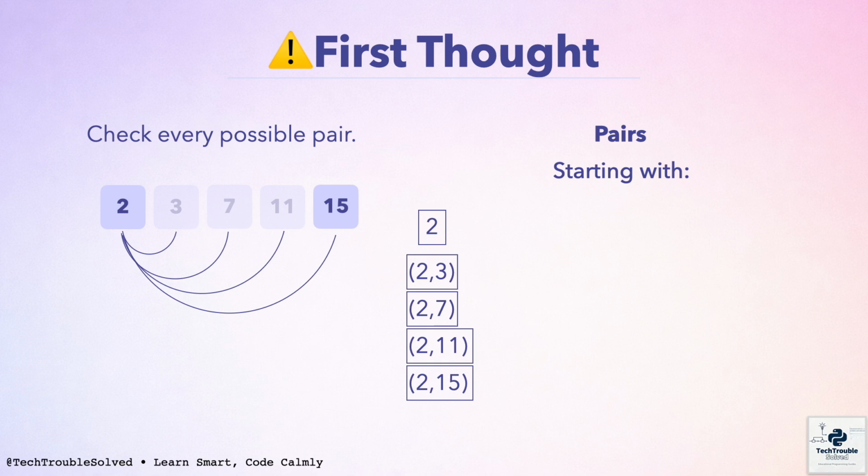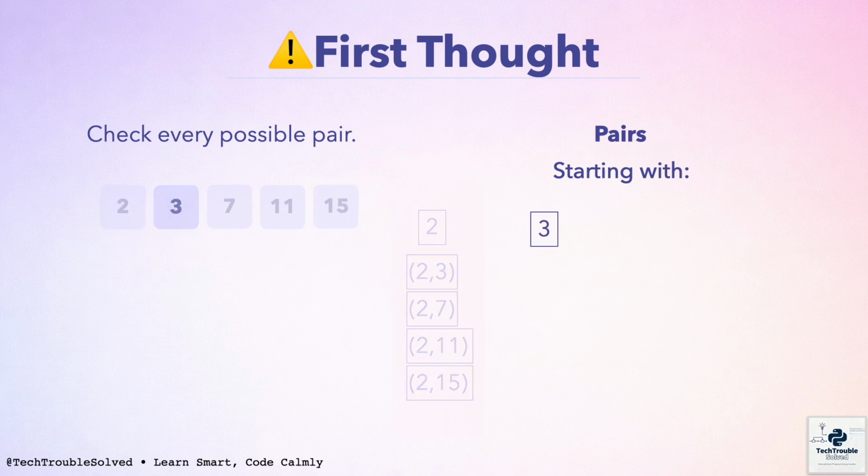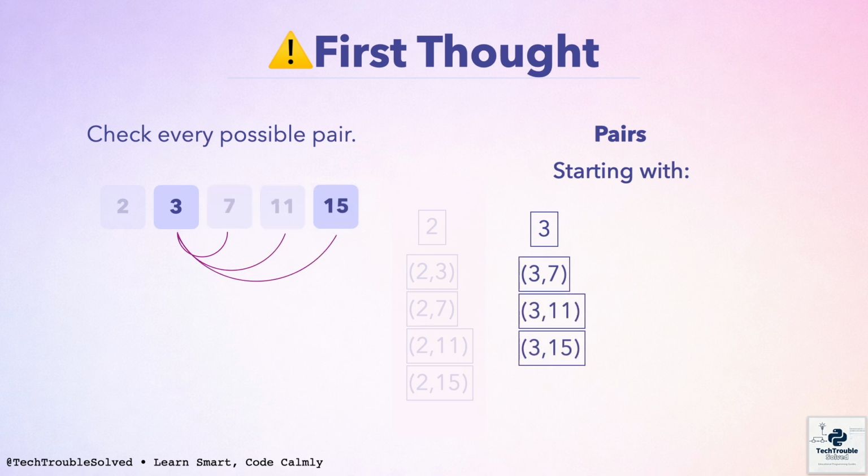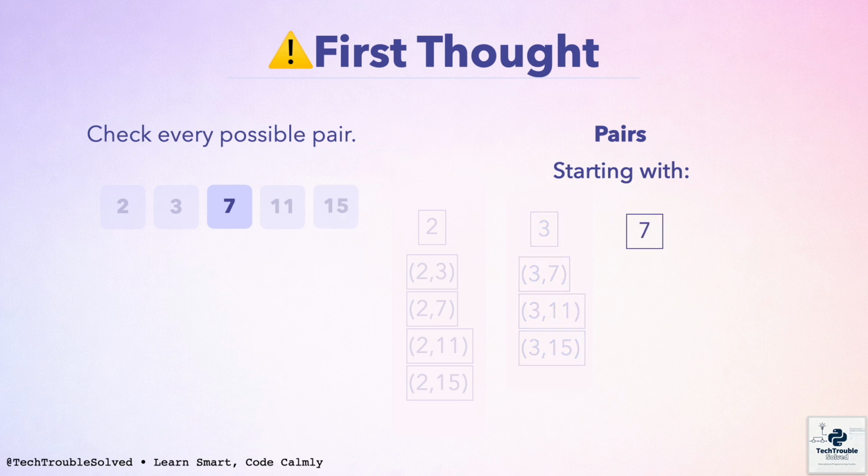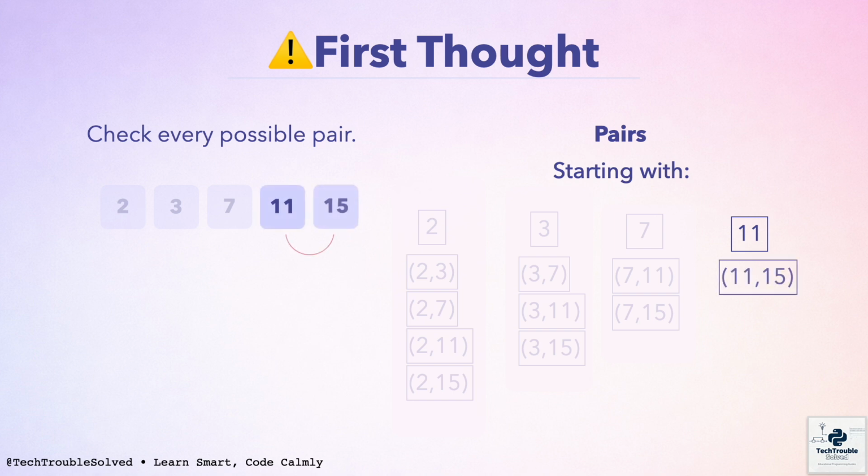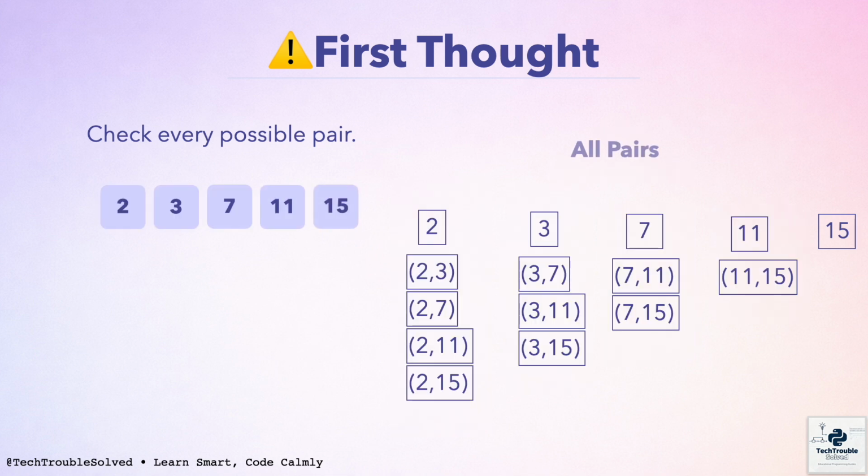Now pairs starting with 3 are 3 itself, 3 7, 3 11, 3 15. Now pairs starting with 7 are 7 itself, 7 11 and 7 15. Now pairs starting with 11 are 11 itself and 11 15. And the pair starting with 15 is 15. In this way, we end up checking all possible pairs.